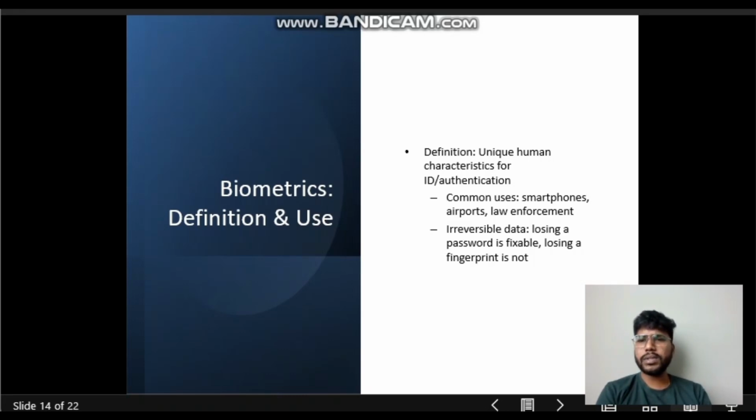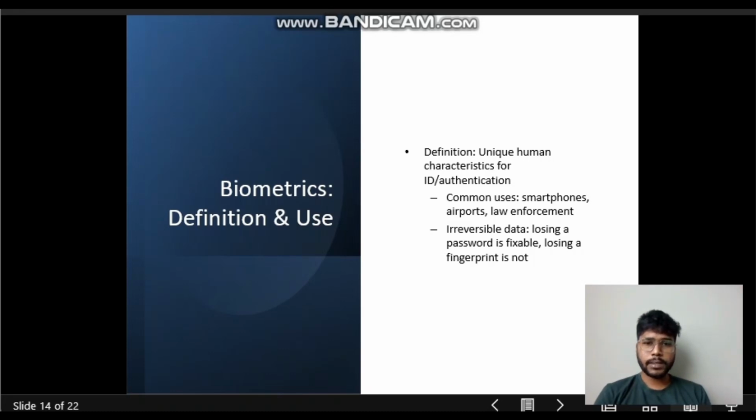They are widely used in smartphones for unlocking screens, in airports for expedited check-ins, and by law enforcement agencies for suspect identification. In many ways, biometrics promises greater convenience and security after all, and you cannot lose your fingerprints the way you might lose a password.